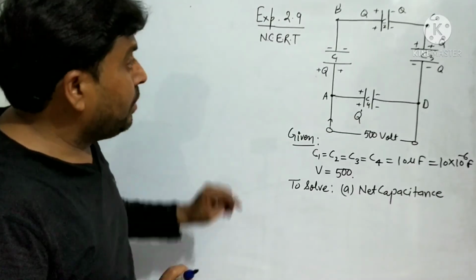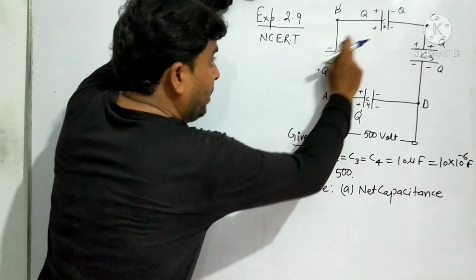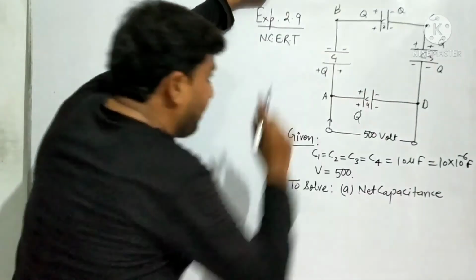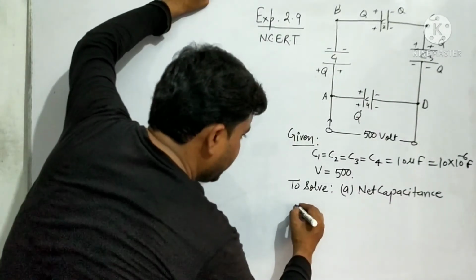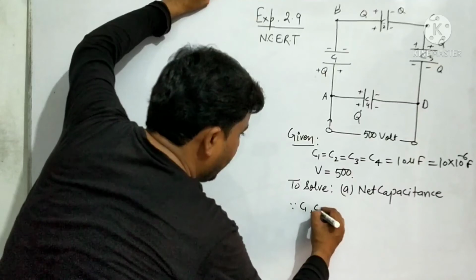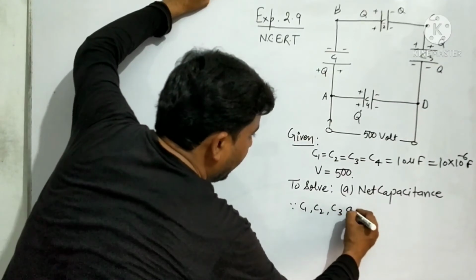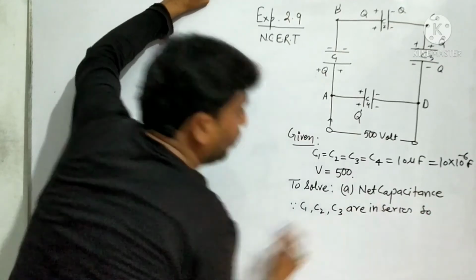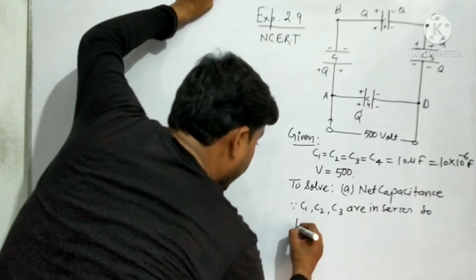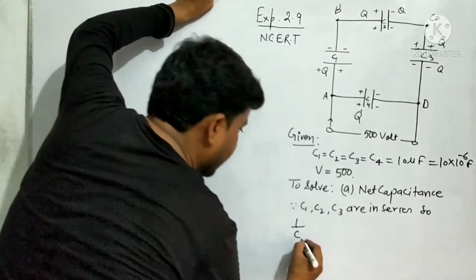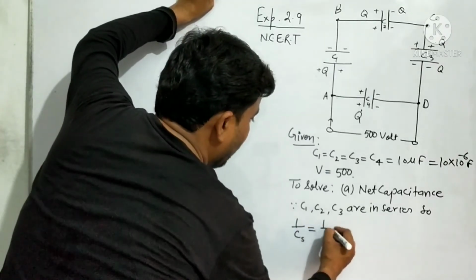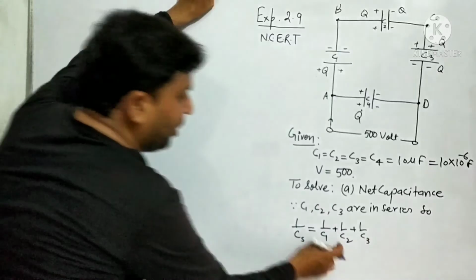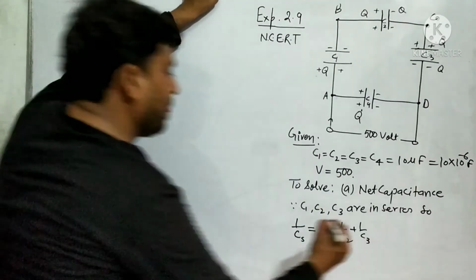So dear student, in this circuit, C1, C2 and C3 are connected in series. Since C1, C2, C3 are in series, the net capacitance Cs equals 1 upon C1 plus 1 upon C2 plus 1 upon C3. First formula applies here.